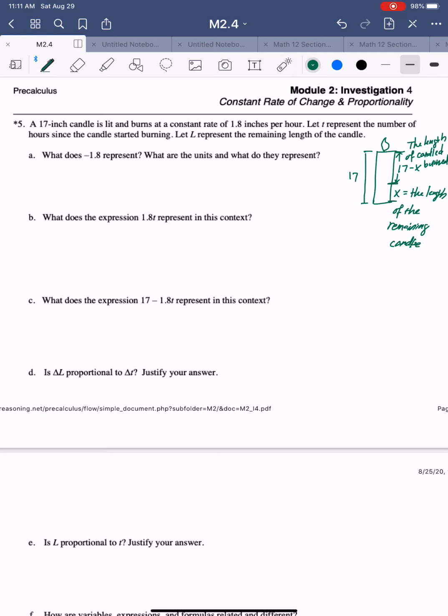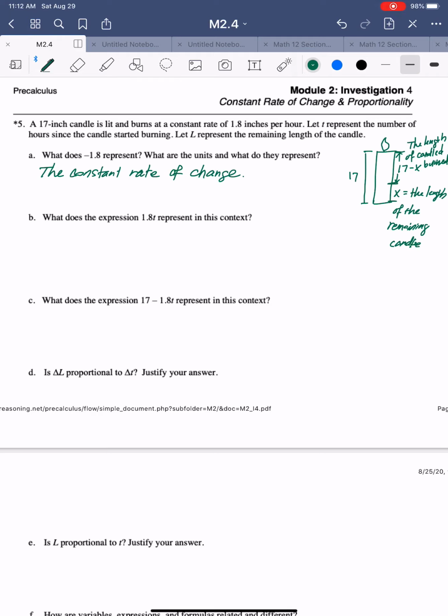Okay, so what does the negative 1.8 represent? It says the candle burns at 1.8 inches per hour, so each hour 1.8 inches is reduced. So 1.8 is the constant rate of change. It's negative because the length is reducing.